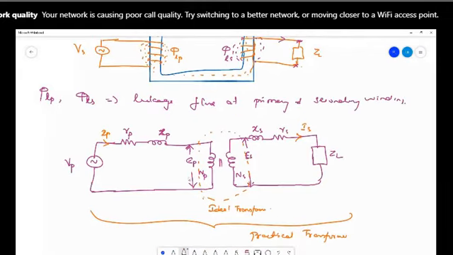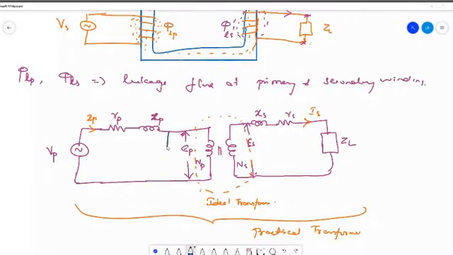So where will that IP be flowing, or what is using that IP? I am expressing that in the form of a parallel combination of this R and L. A portion of that no load current will be called the magnetizing current IM, and this is the loss current IE.